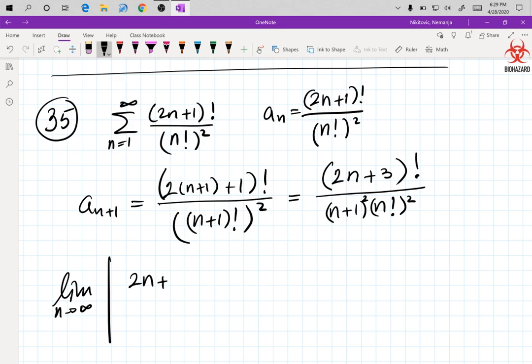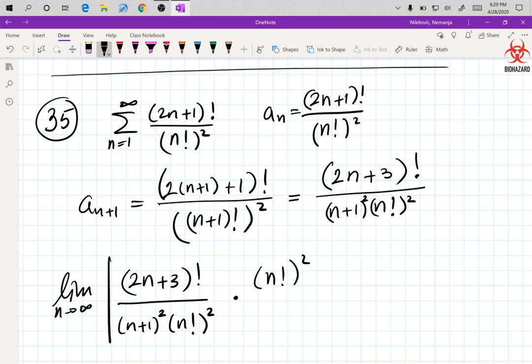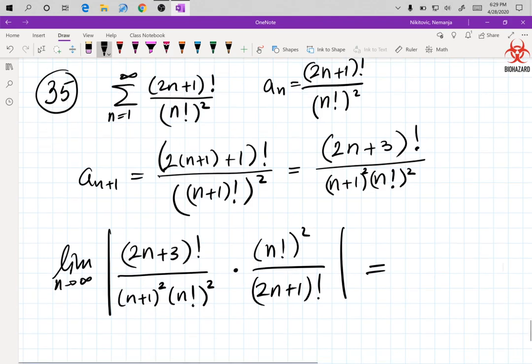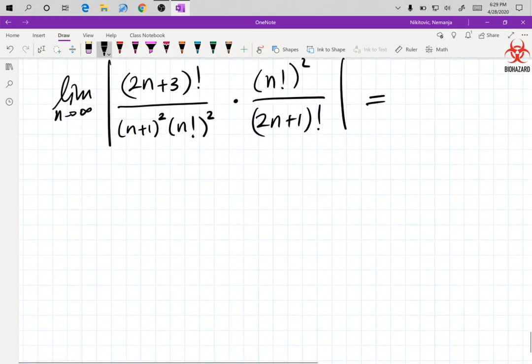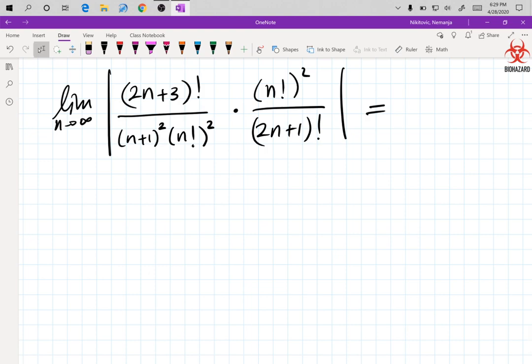I have my (2n plus 3) factorial divided by (n plus 1) squared times n factorial squared, and I'm immediately going to just flip the other one, skipping steps over here because boss, okay? There we go. Nothing else exists in the world right now. All I need to do is to solve this, where I already see that I can kill these off, right? I just need to deal with those factorials and I am good to go, right?